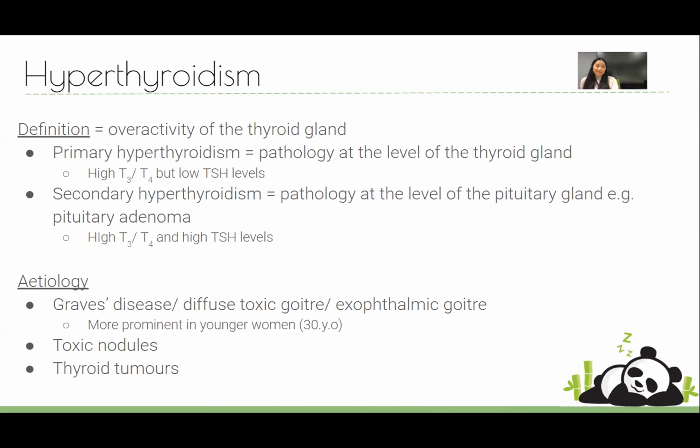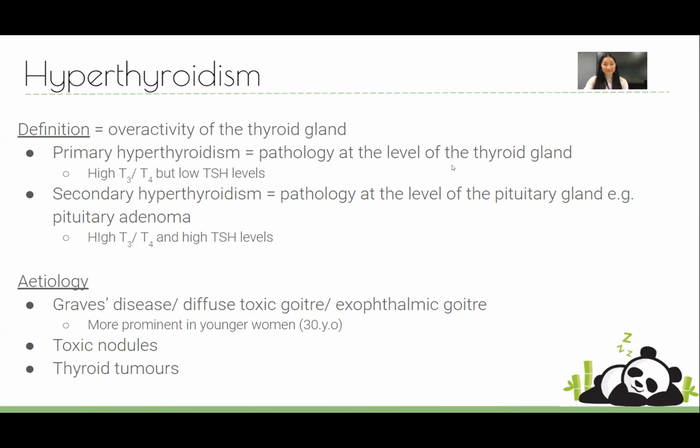We call it overactivity of the thyroid gland, so we're going to be producing too much T3 or T4 hormones. We can classify it into either primary and secondary based on the level at which the pathology is. So whether it's our thyroid gland that's messed up or whether it's our pituitary gland that's messed up.